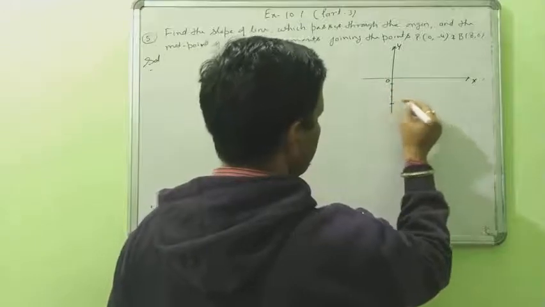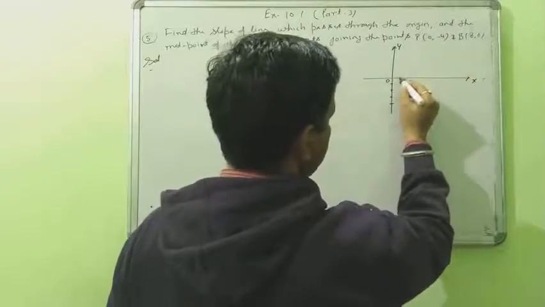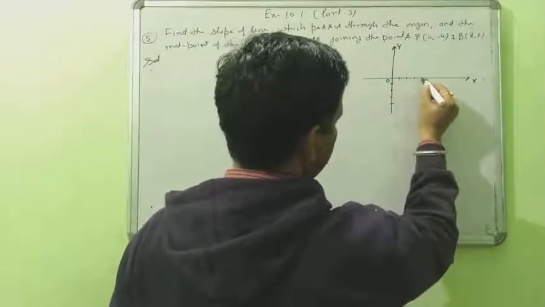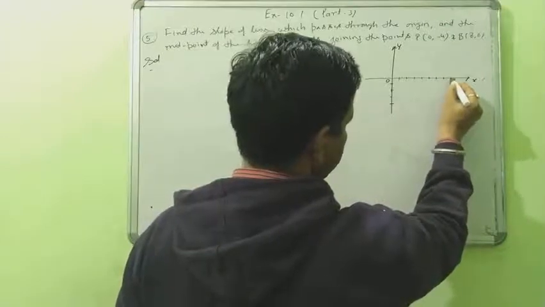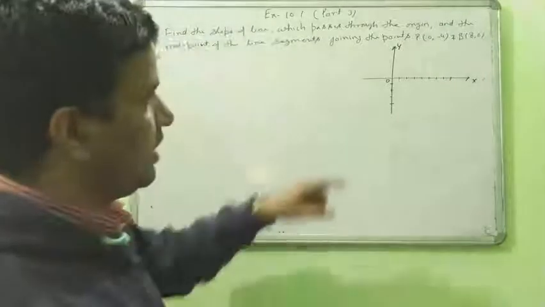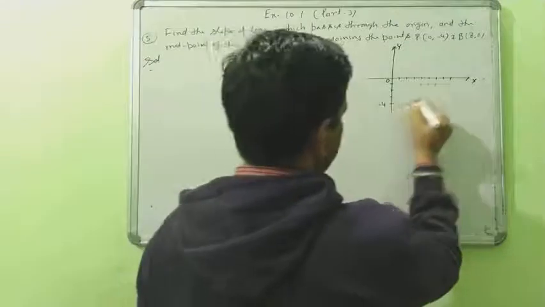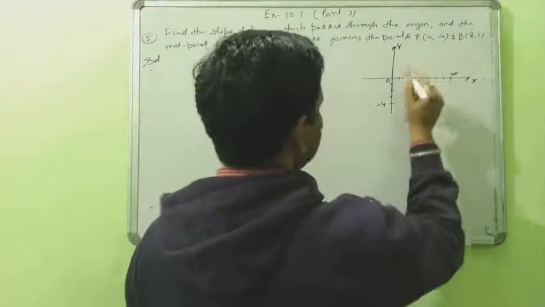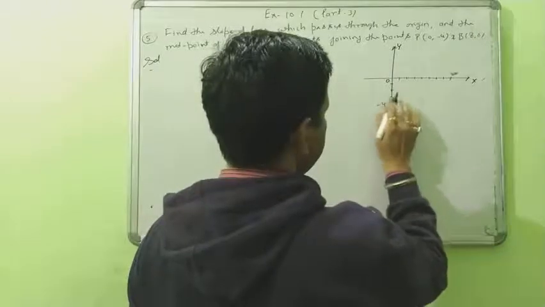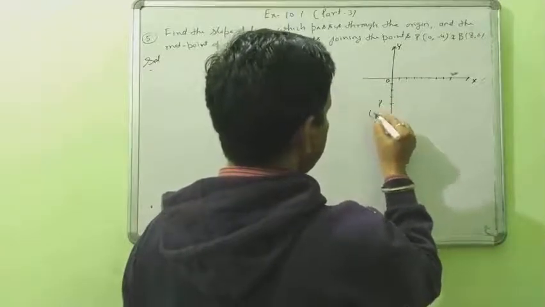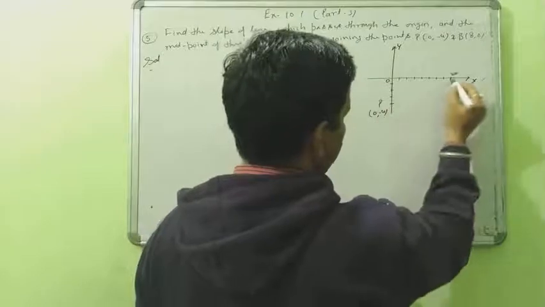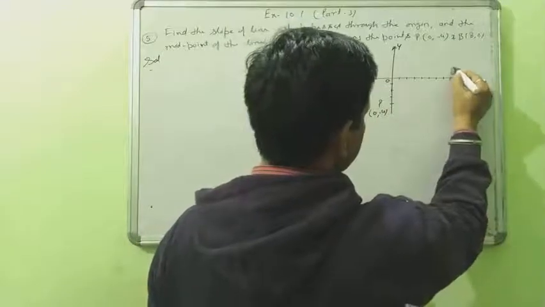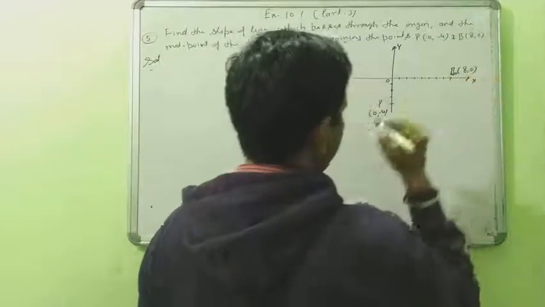Our second point is (8, 0): 1, 2, 3, 4, 5, 6, 7, 8. This is -4 and this is +8. Name this point P. The coordinate of P is (0, -4) and the coordinate of B is (8, 0).